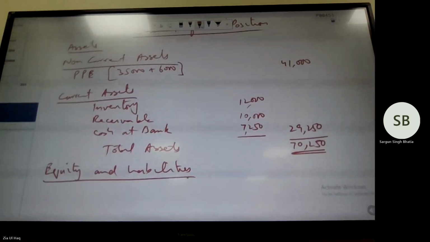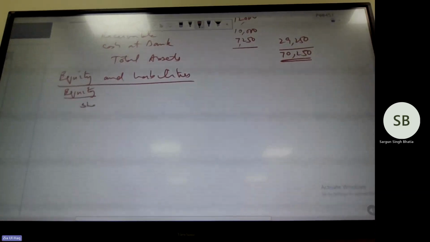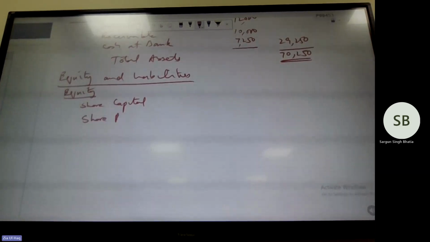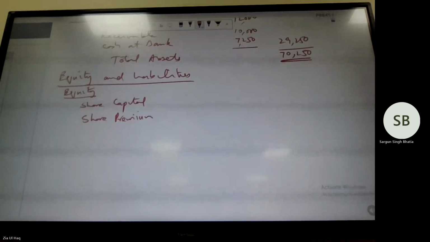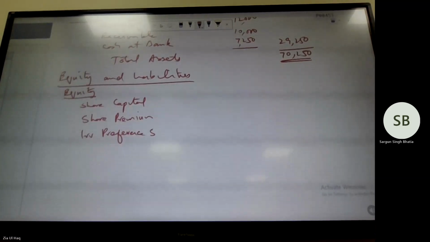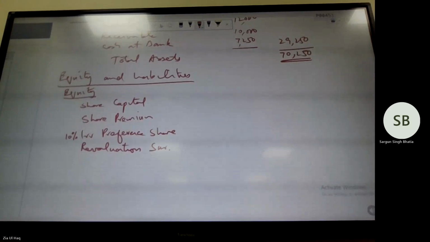And we will record equity first. And we know there are 5 components of equity in this question. That is share capital, that is share premium, that is irredeemable preference shares, in fact the question says 10% irredeemable preference shares, and then revaluation surplus, and then retained earnings.